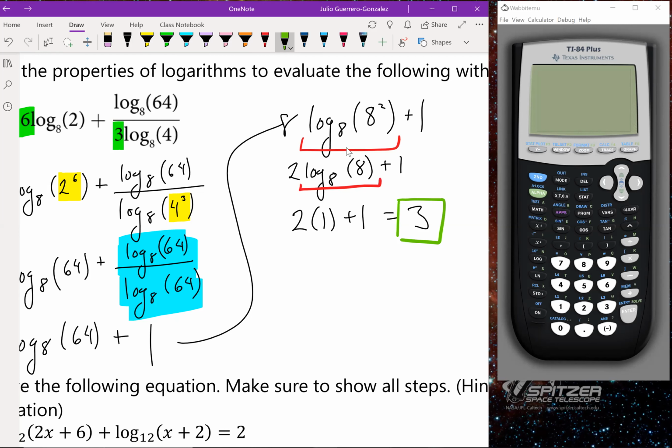If the answer is ever 3, I'm gonna write log base 8 of 2 to the 6 plus... Leave it on a receipt as a tip. That amount of dollars, yep. You get 6 log base 8 of 2 plus that many dollars.